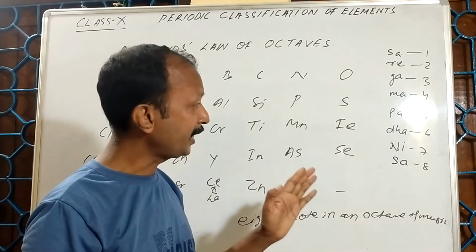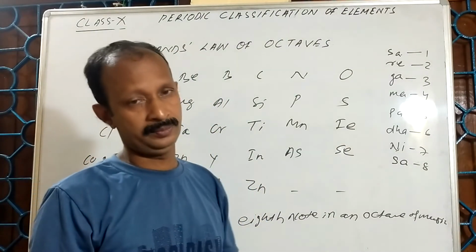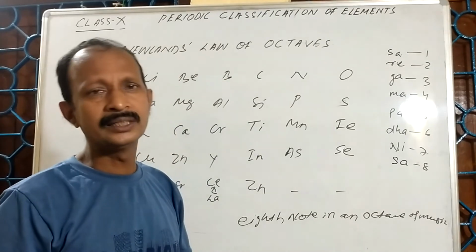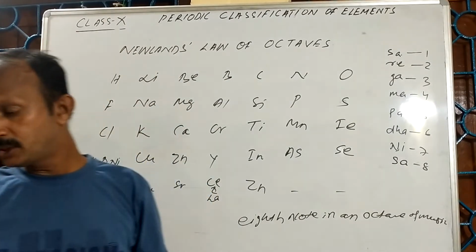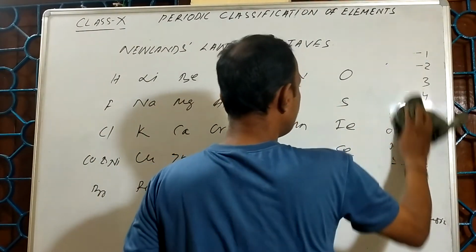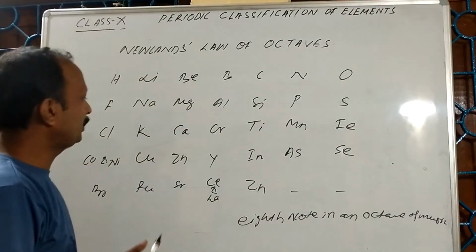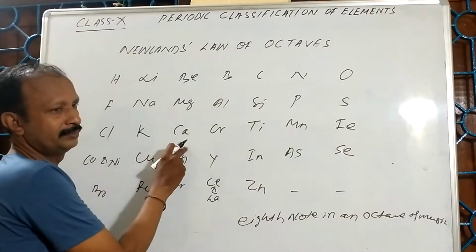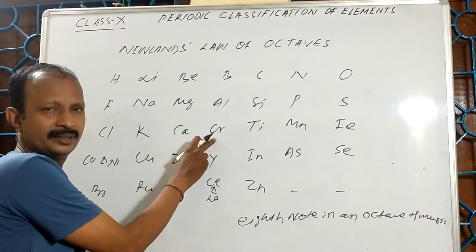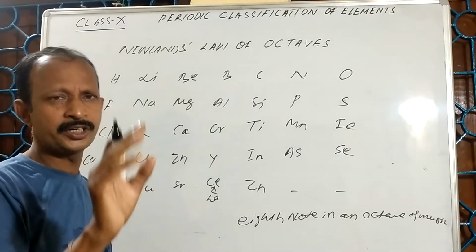When Newlands arranged the elements, only 56 elements were discovered. But this law failed. What is the reason for the failure of the law? The reason of failure is that after calcium, the elements did not repeat their properties with the first element.